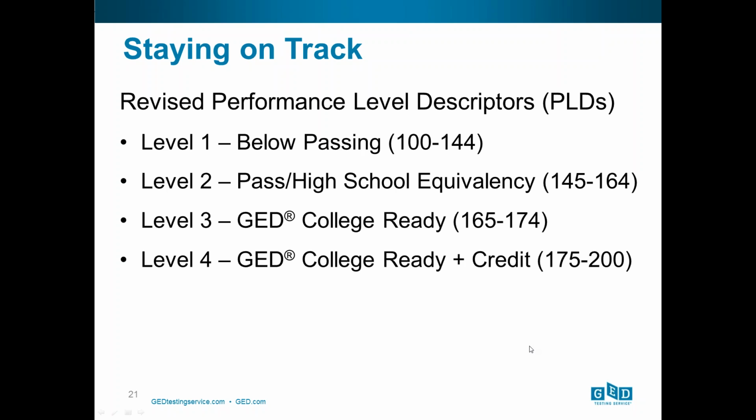But we also want to think beyond that, and we really want to take a look at two different areas. One, we need to take a close look at level 1, because for those students who are scoring within that range, we want to help lift them up and get them to level 2. But how do we do that if we're not sure what they're missing along the way?